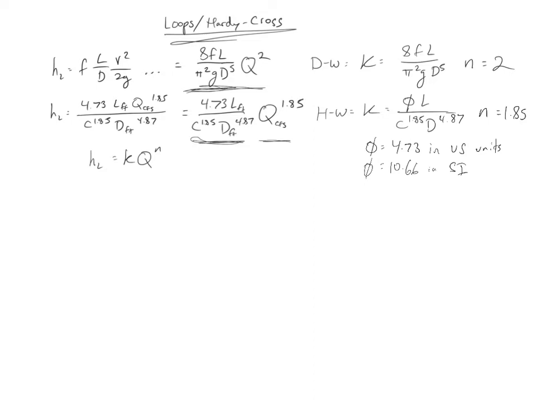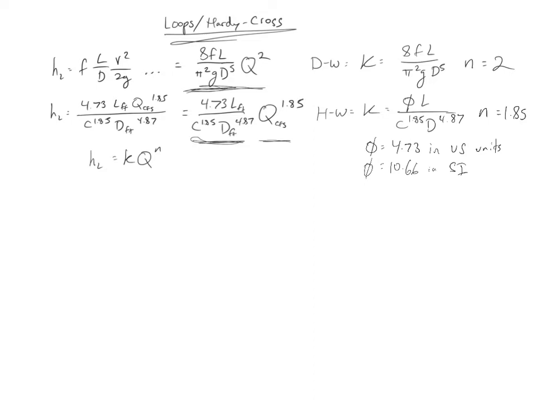Note that D is in feet here in Hazen-Williams, meters in SI, and length is feet in US and meters in SI. And Q, this is the CFS form, or CMS, cubic meters per second in SI.